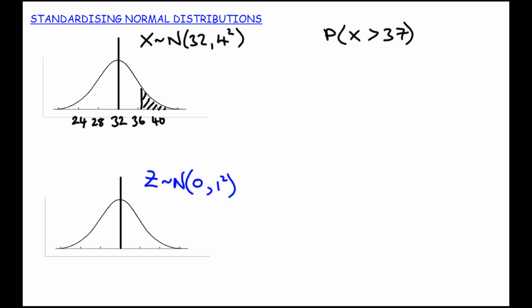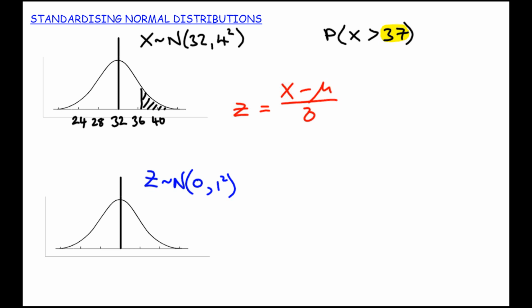Once again, there are no tables for this distribution, so there's nothing to help me do this. What I'm going to think of instead is the standardization formula, which I'll talk about in more depth in another video, so you can check out that video. For now, we're just going to use it in its raw form. Z equals the X value minus the mean of the distribution, all divided by the standard deviation. For this question, the X value is 37.